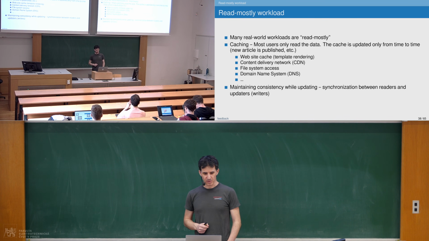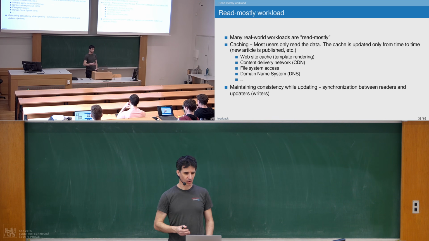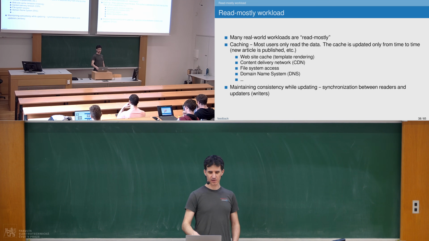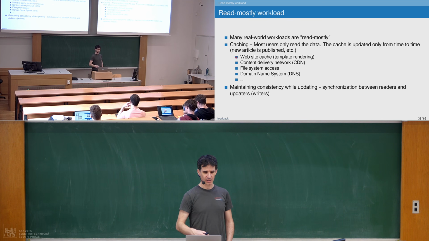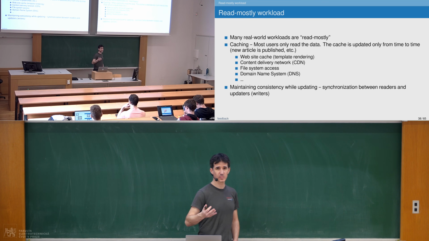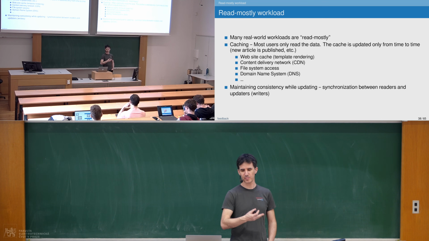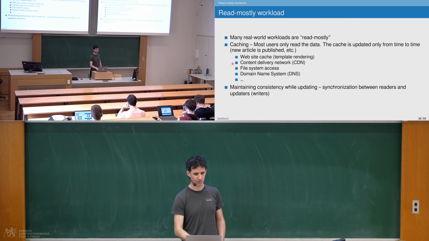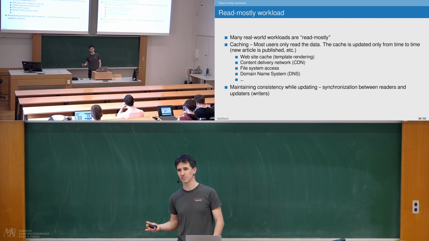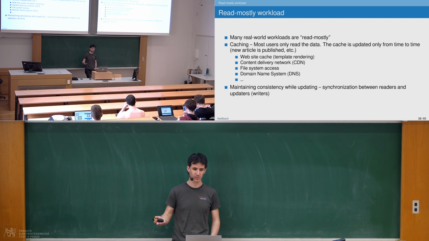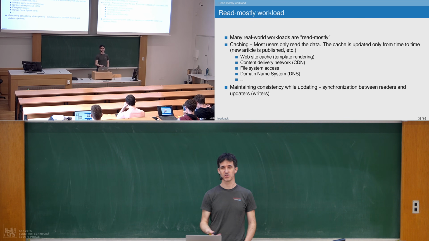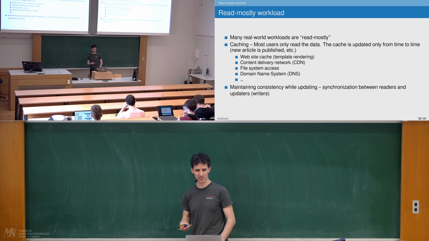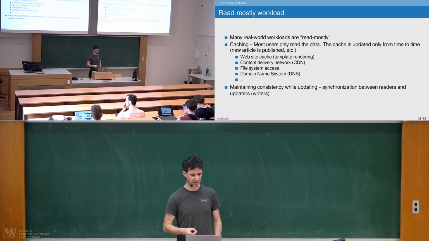Just some examples of read mostly workload. All kinds of caching basically involve read mostly workload. If you are developing a website where you cache pre-rendered pages, or if you are a cloud provider providing a content delivery network, this is all about read mostly workload. The whole internet is just reading. Only from time to time somebody updates some data.